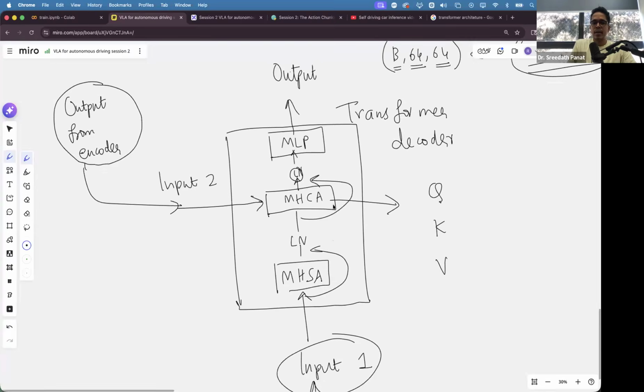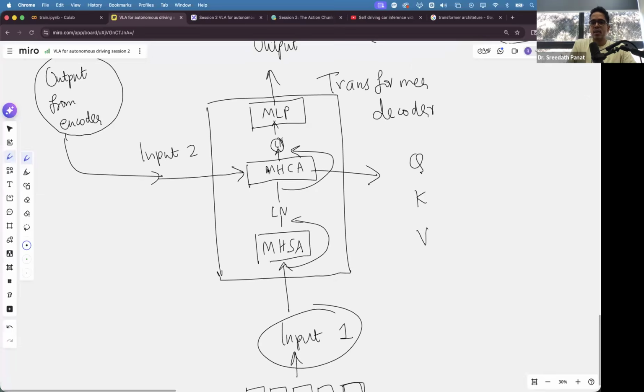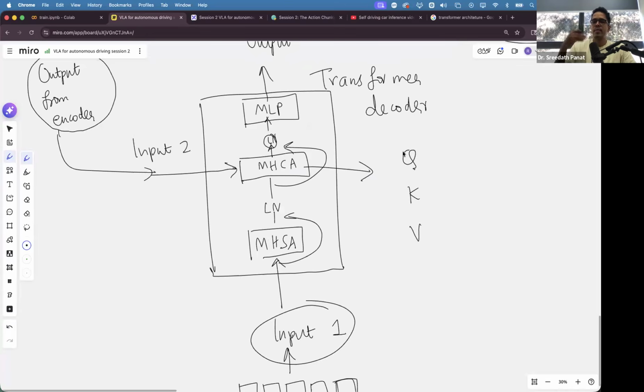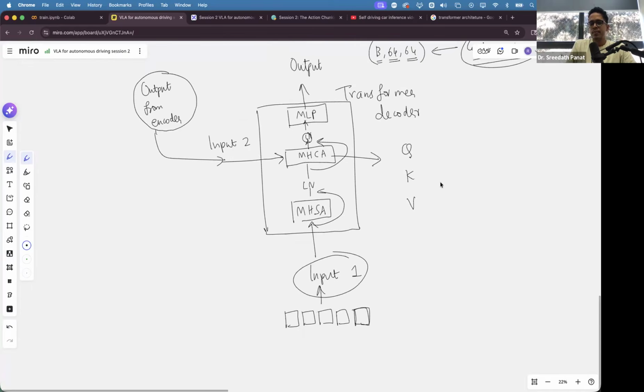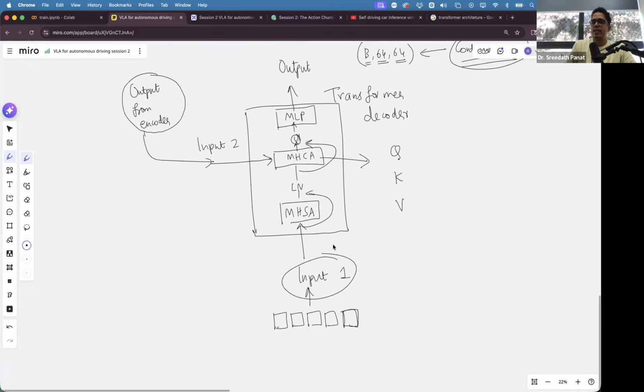Now tell me, in this multi-head cross-attention, where is the origin of the query, the key, and the value? The number of query tokens will be the same as the number of tokens you need at the output.